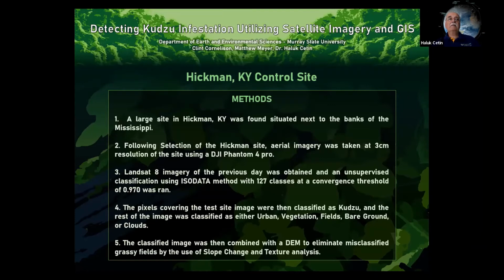ISO data was the algorithm that we used, and we initially selected 127 classes.